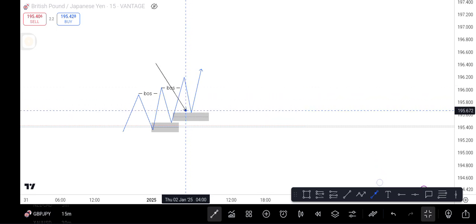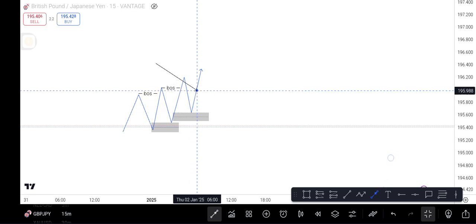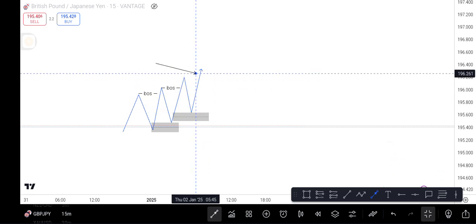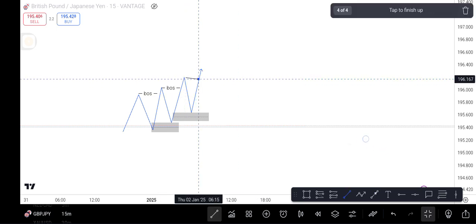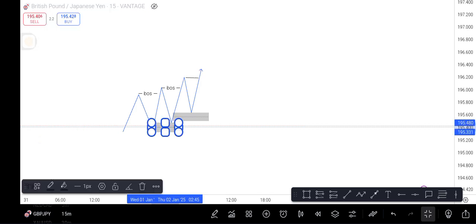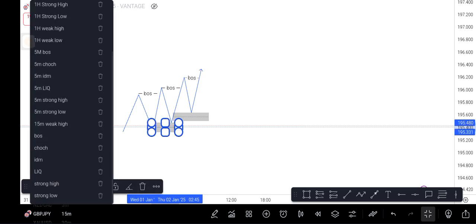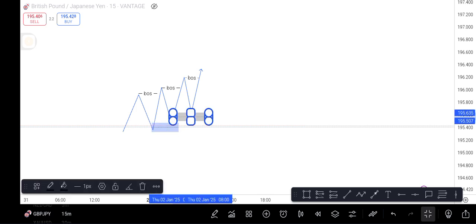So the sellers will have no choice but to give up their power at this demand zone, and then the fuel of liquidity just above the demand would push this price to break the next structure, keeping the condition of the market in an uptrend. Is that simple, guys? So that is how demand zones work.